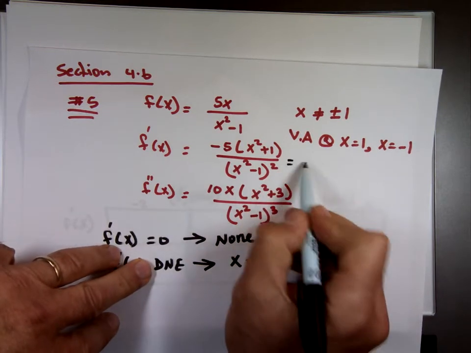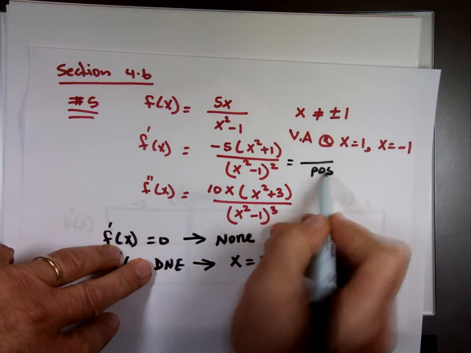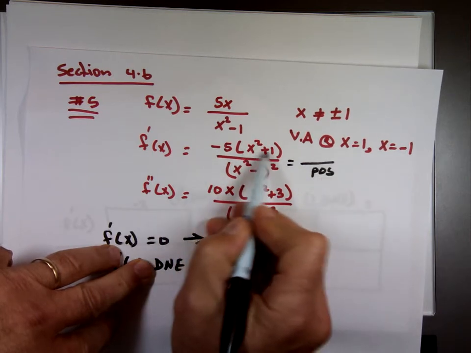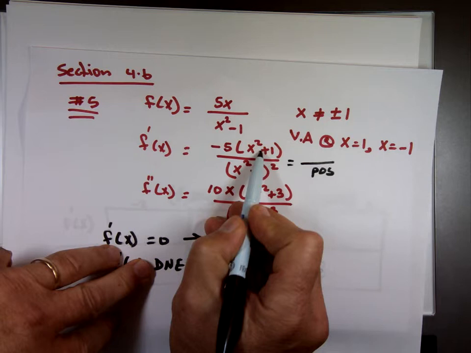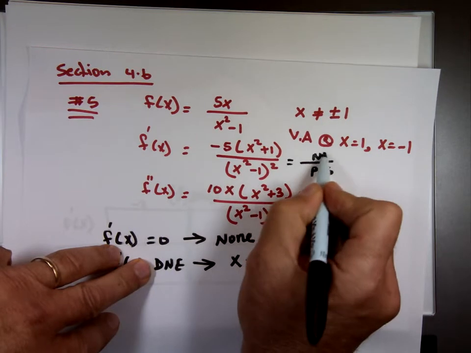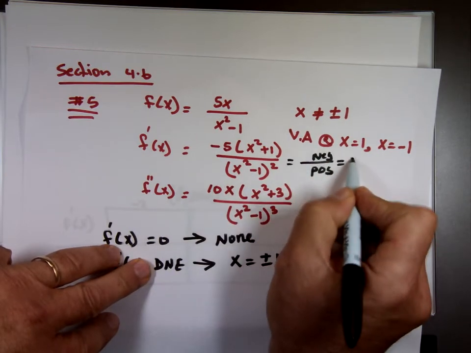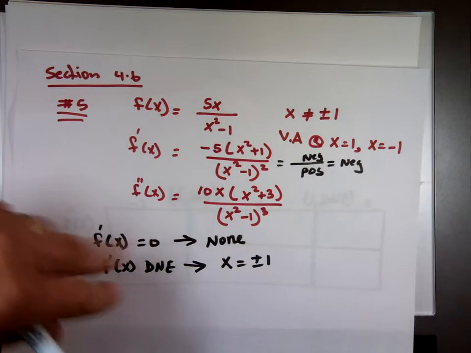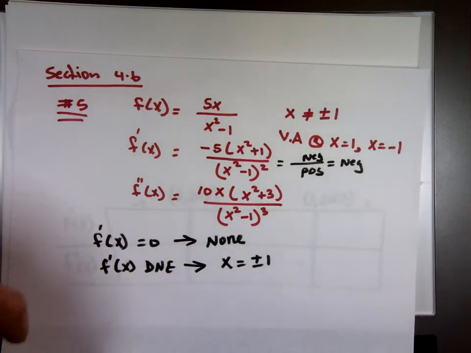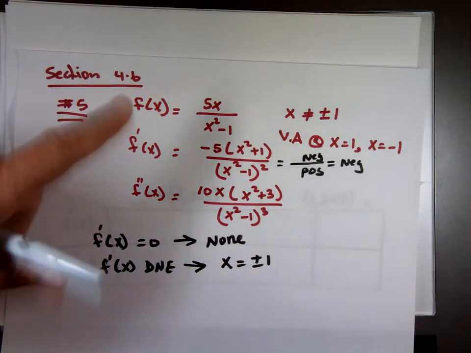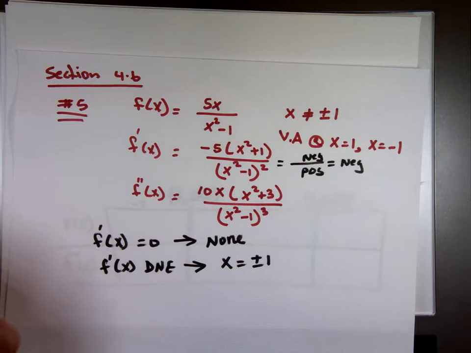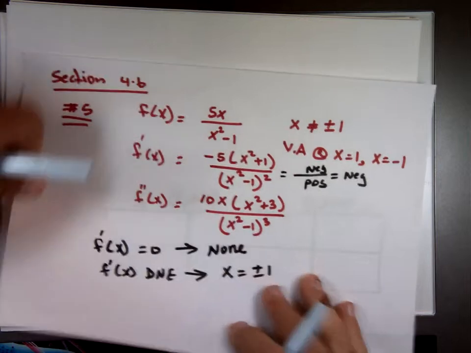Positive. This piece is always what? Positive times a negative? Negative. Negative over positive, that's what? Negative. So regardless of what number I pick, go ahead and waste your time, I guarantee you the answer is going to be negative. So I don't have to waste my time plugging numbers here.